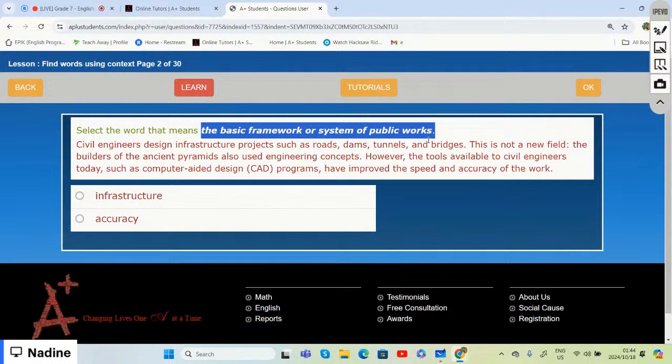However, the tools available to civil engineers today, such as computer aided design programs, have improved the speed and accuracy of the work. So, we now need to select the word that means the basic framework or system of public works. Is that infrastructure or is it accuracy?